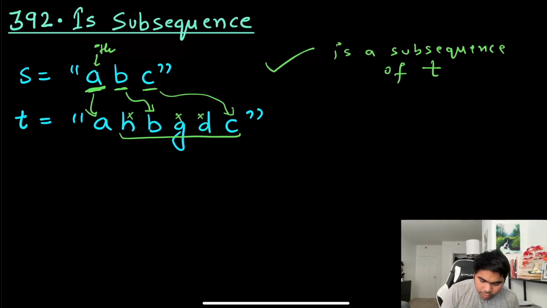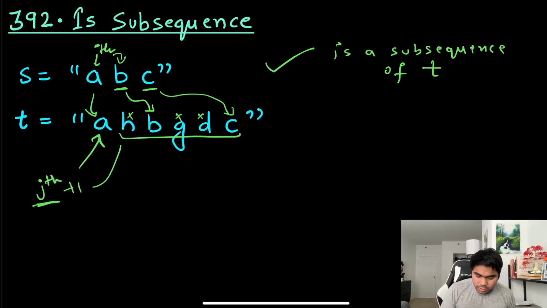You're working on this one right now, and then you will maintain a jth pointer that points to the characters in t. Whenever they are equal, then you move your i to the next one, and then you basically start checking after j plus 1. Okay, so because these are equal, you will be checking at j plus 1, which is right here. You will start checking the next character, ith.